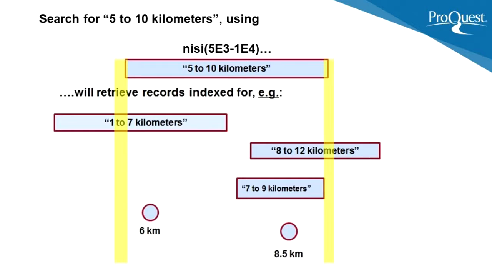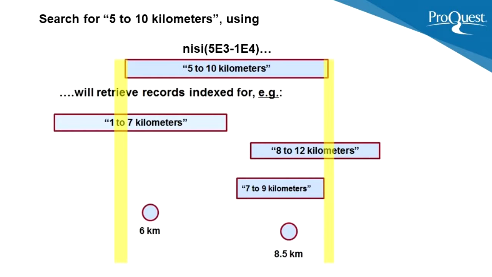If we search for the size 5 to 10 kilometers, that's NISI 5E3-1E4, we will get, as expected, any records that talk specifically about 6 kilometers or 8.5 kilometers or 7 to 9 kilometers, because those values fall completely within this range.